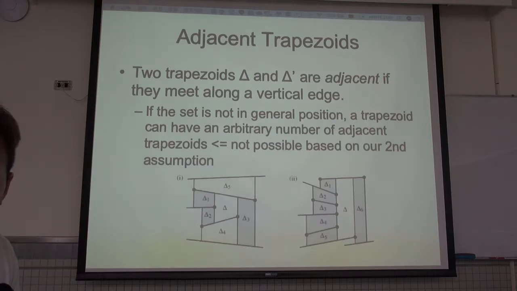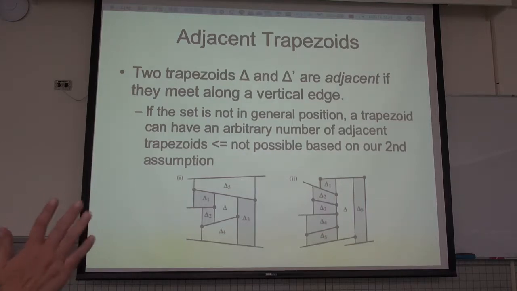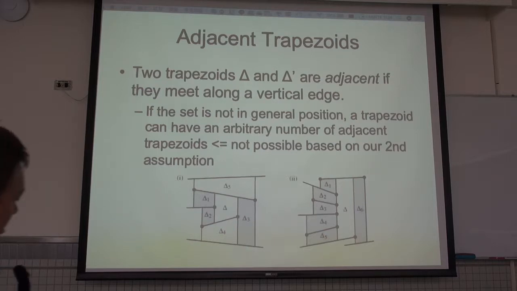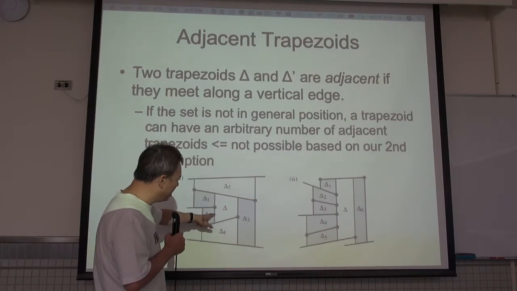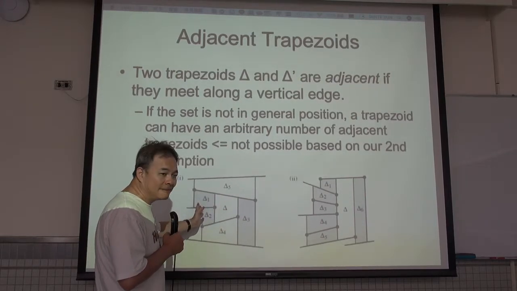If we have such an assumption, then your adjacent trapezoids on one side will be at most 2. You will not have more than 2 adjacent trapezoids on one side. For example, this is possible, but this is the most you could possibly have on the left-hand side.